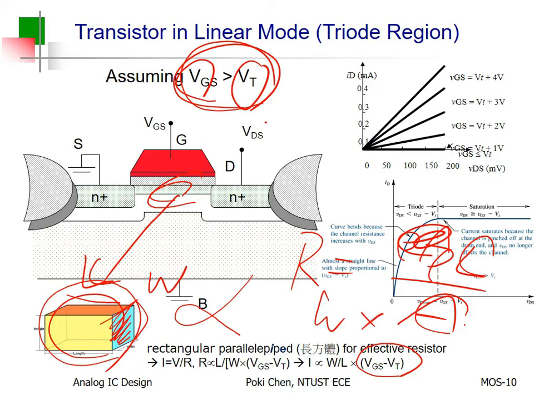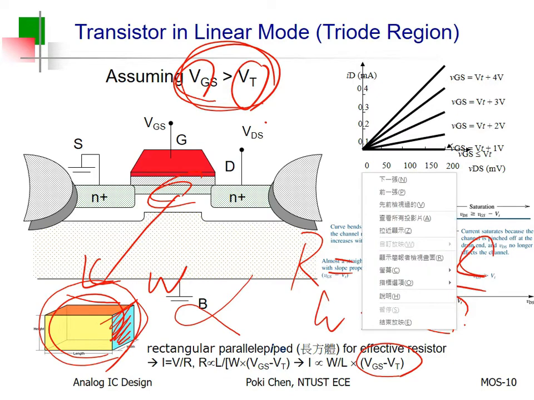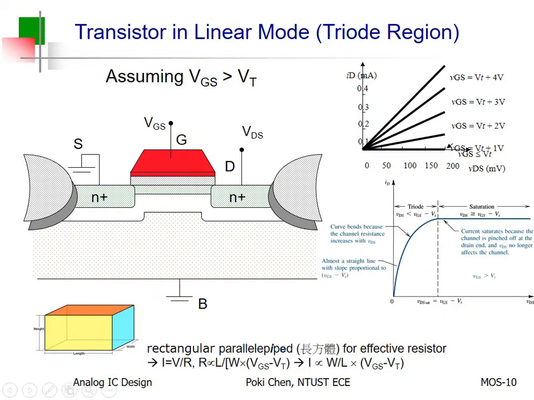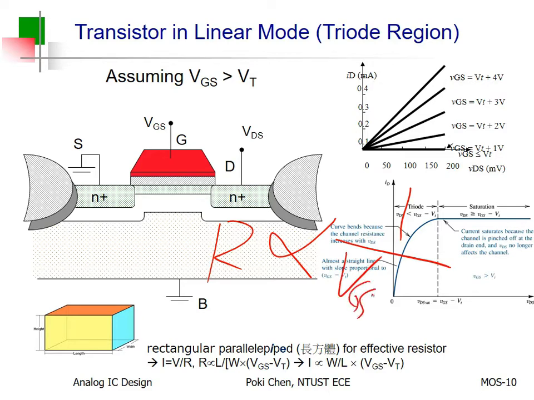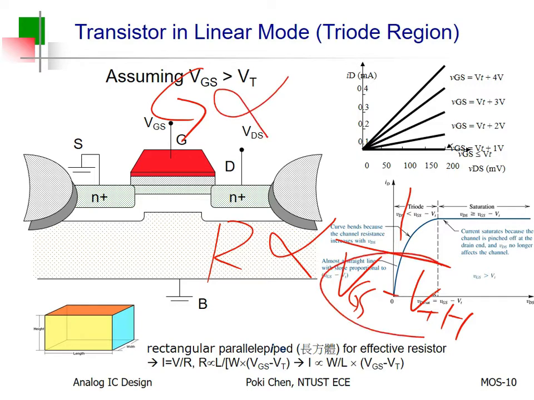So you can see the resistance is inversely proportional to the depth, and the depth is proportional to VGS minus VTH. Got it? If we are talking about the conductivity, we always have G. It will be proportional to this.